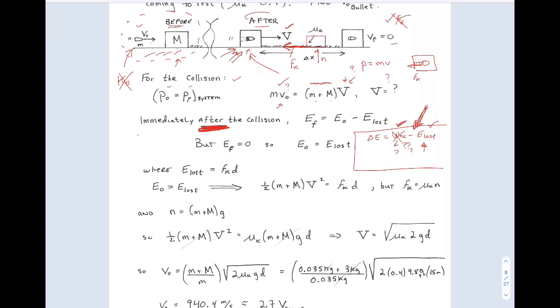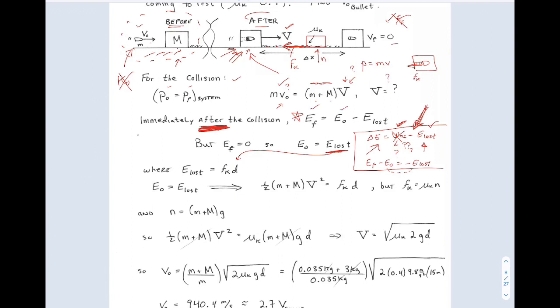And we don't talk about the work done by friction, but we can quantify the energy lost. Remember, that term, energy lost due to friction, is f_k d. So I'm using this expression: my change in energy, E final minus E initial, equals minus E lost. And I just brought the initial over, and that's what I have right there.